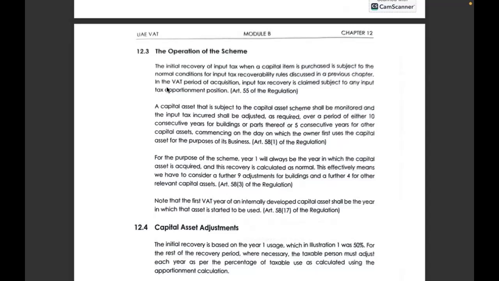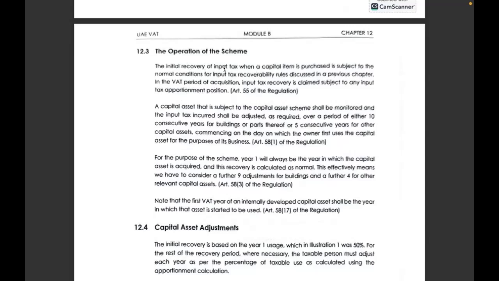Normally, when we have input tax that relates to taxable supplies, which are either zero rate or standard rate supplies, we recover that amount of input tax. And if it relates to the residual pool, we apportion it. In the case of capital assets related input tax, initial recovery rules apply.